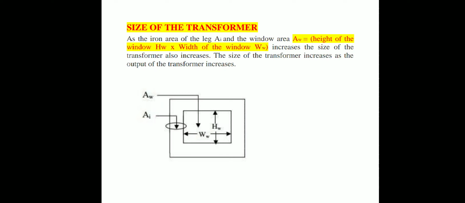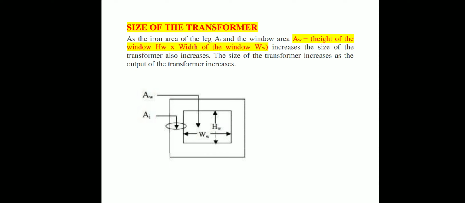Now the size of the transformer. As the iron area of the leg Ai and the window area Aw, which is equal to height of the window Hw into width of the window Ww, increase, the size of the transformer also increases. The size of the transformer increases as the output of the transformer increases. You should note this point very clearly and understand, as it is also given in the diagram.